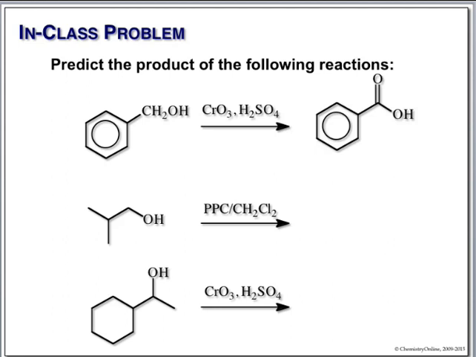This is our friend PCC. Well, should be PCC. Extra P in there, sorry. This is a nice mild oxidizing agent. This will not oxidize an aldehyde, so this will stop at the aldehyde stage, and that's our product.